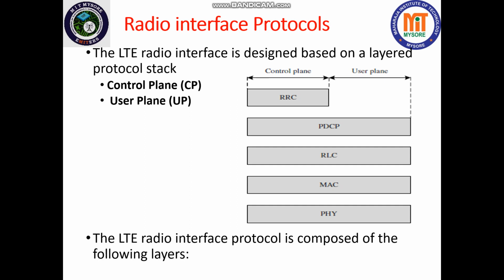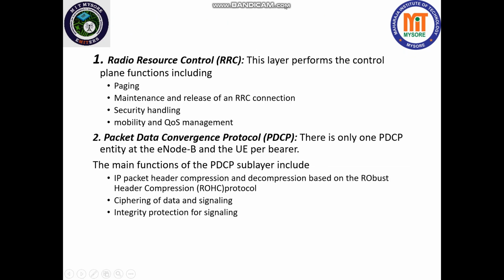Radio interface protocol is nothing but the rules which we use to govern the communication between user equipment and the base station. Now, it is composed of different protocols like RRC, PDCP, RLC, MAC and physical layer. So we'll study these layers one by one.